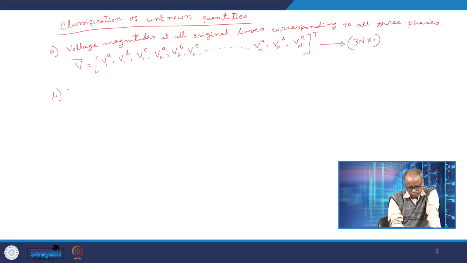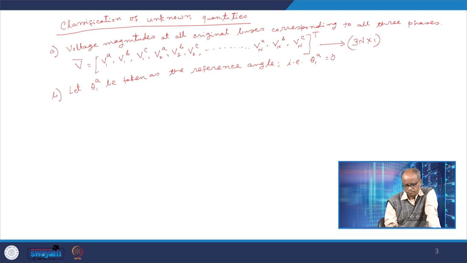Let us say, by convention, theta 1a is taken as the reference angle, right. So that means theta 1a is equal to 0.